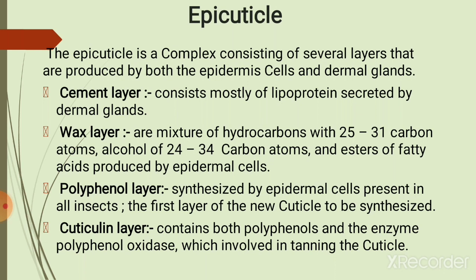Fourth one is the cuticulin layer. It is a refractile amber color layer consisting of a lipoprotein. The cuticulin is highly resistant to the mineral acids and most of the organic solvents. It serves as a permeability and growth barrier and determines the surface properties of the integument.